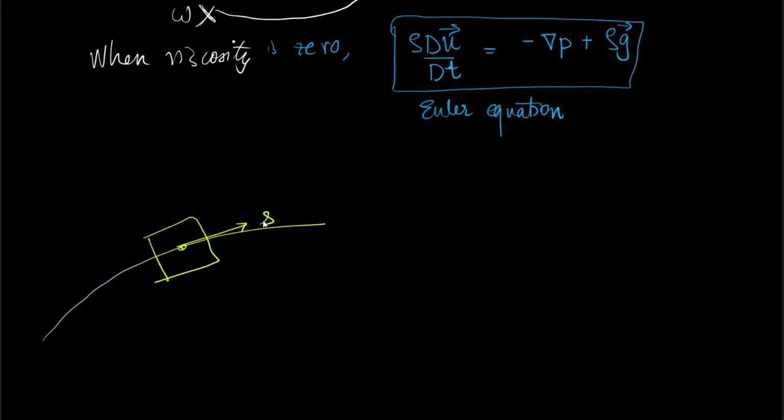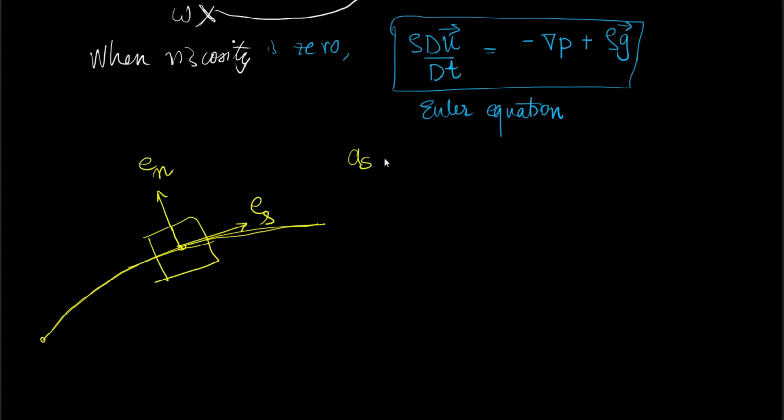Let this direction be S, the streamwise direction, and this direction be N, the normal direction. So we know that the fluid element will move along the streamline. So the velocity is always going to be along the direction e_S as opposed to the direction e_N. But the acceleration will have both components.